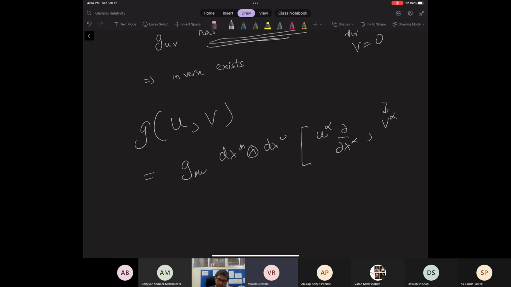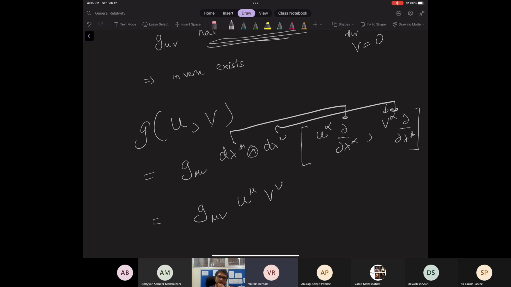It has some vector coefficients V beta and partial x beta. Using the same rules that we wrote before, what you'll end up getting is G mu nu u mu V nu. So this will be the dot product of two vectors u mu and V nu.